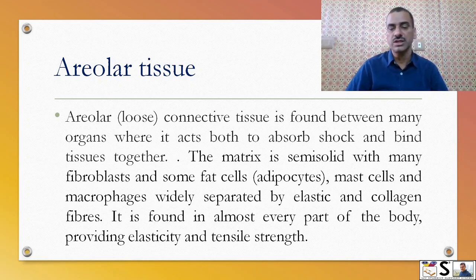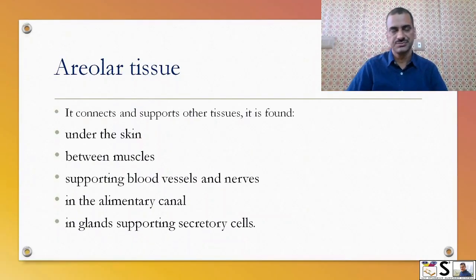It is found in almost every part of the body, providing elasticity and tensile strength to the organs. Areolar tissue connects and supports the other tissue, and it is found under the skin, in the subcutaneous tissue, between the muscles, supporting the blood vessels and nerves, in the alimentary canal, and in glands, supporting the secretory cells.